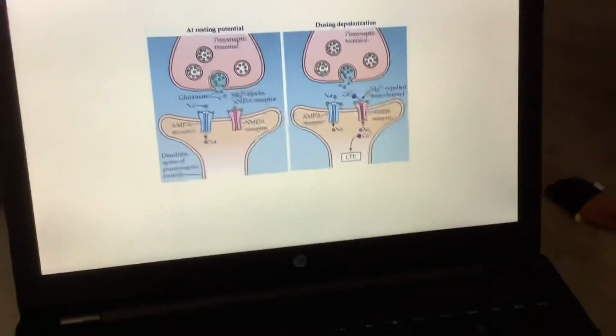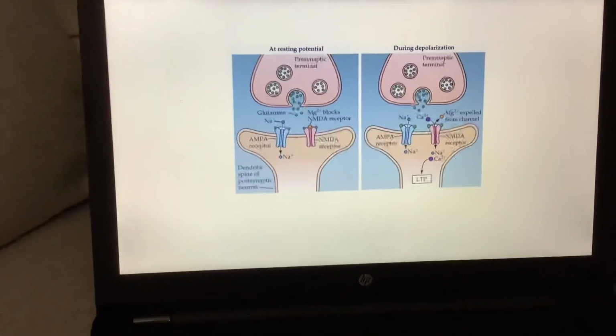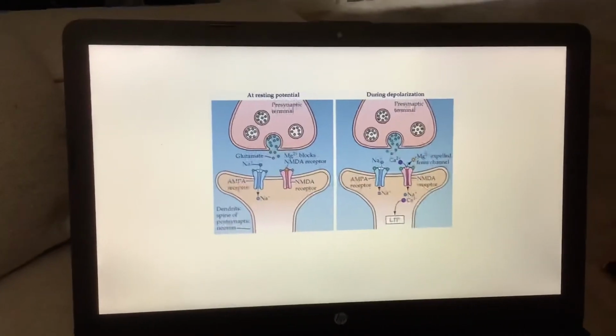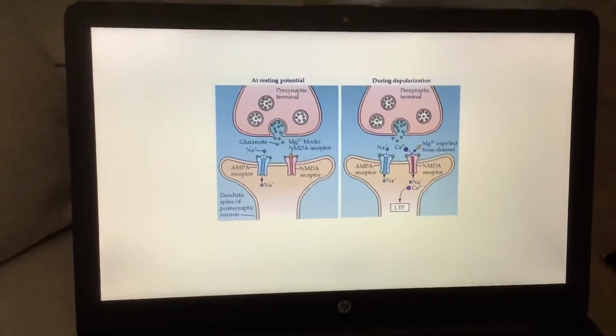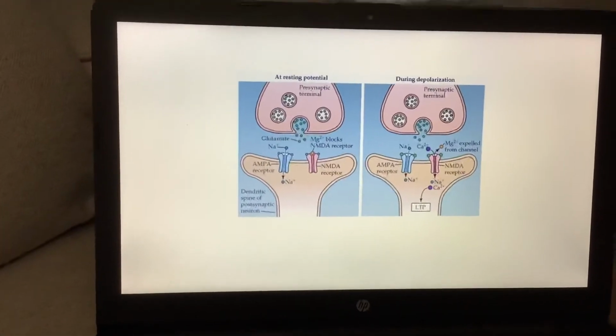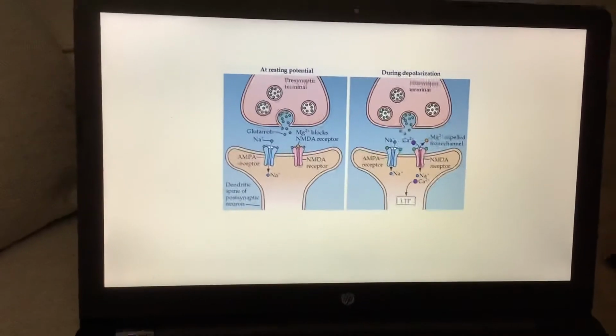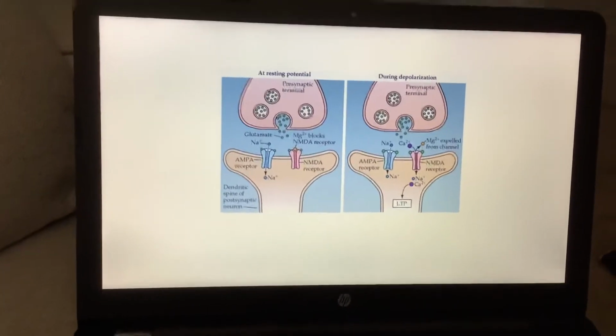Then we move to the NMDA, which allows the flow of Ca2+ through the cell, but it is blocked by the Mg2+, and it opens when glutamate is bound to the receptors and causes depolarization for the release of the Mg2+.